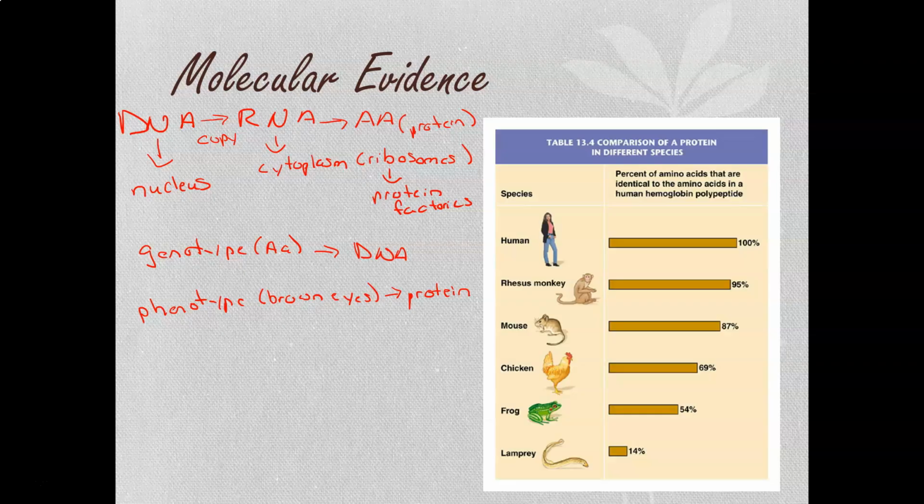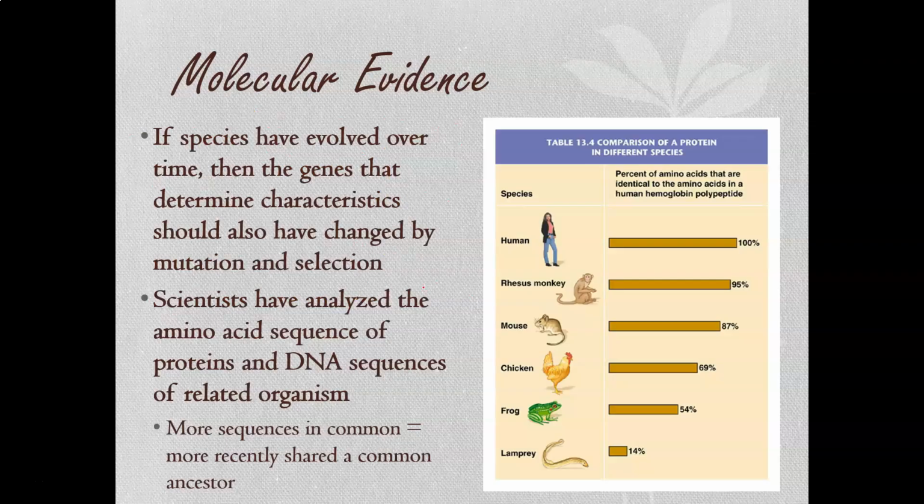So what we can look at then for molecular evidence are those changes in DNA, right? Which will ultimately cause changes in your RNA, which will ultimately cause changes in your proteins. So if I take a look at those changes, aka those mutations, right?